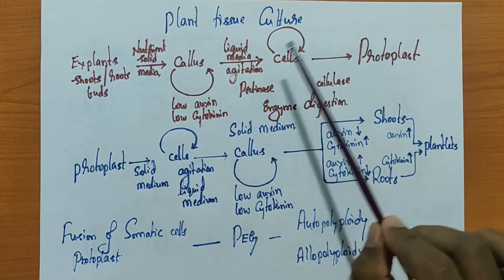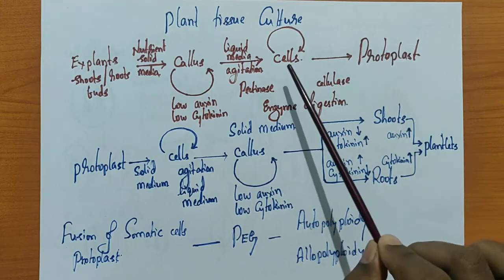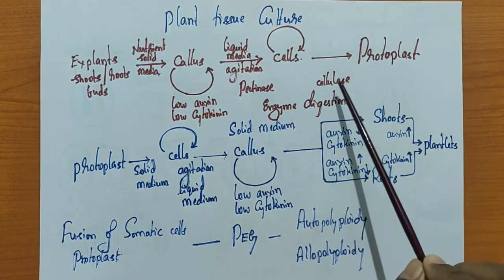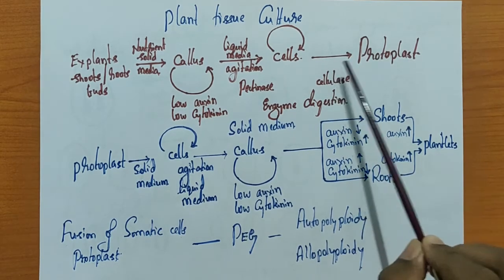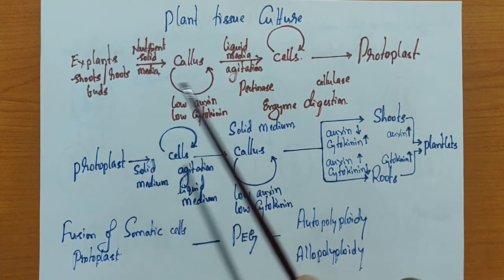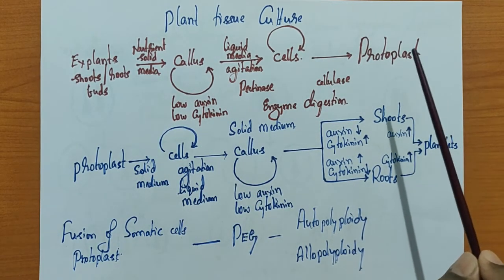Now these cells we are going to convert into protoplasts. The easiest way is to take these cells and treat them with the enzyme cellulase, so we get the protoplast. So from an explant, we have worked out how we get a protoplast. All right.